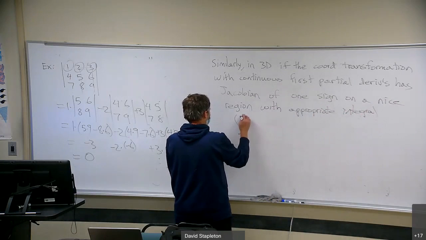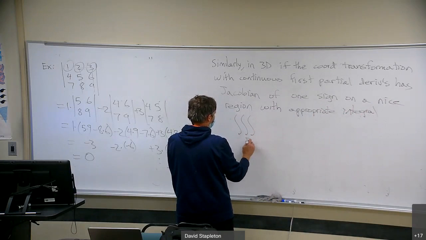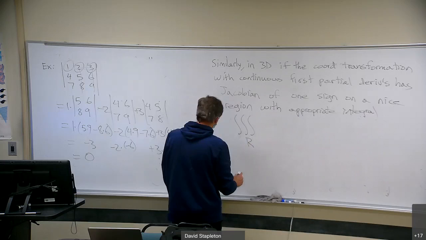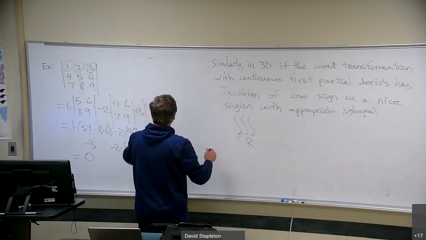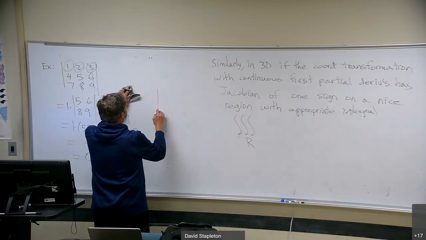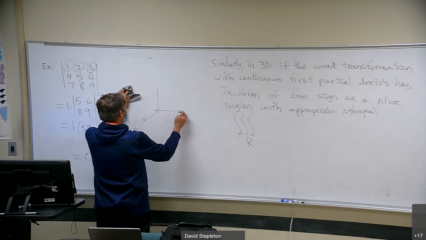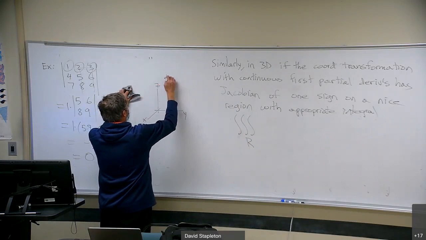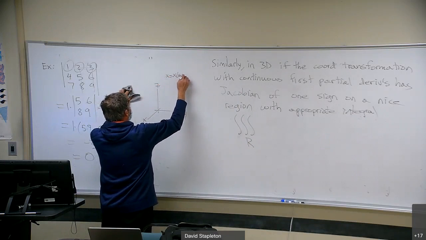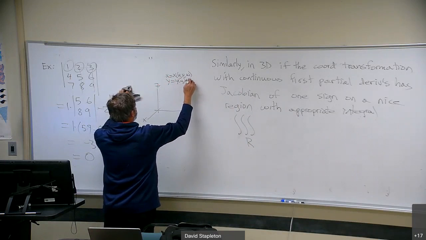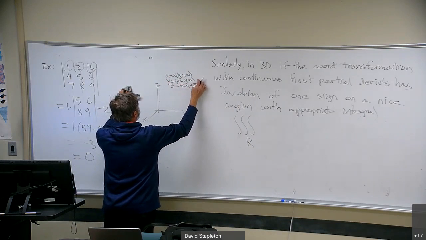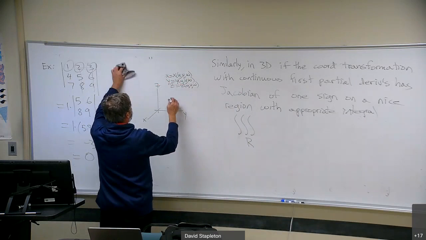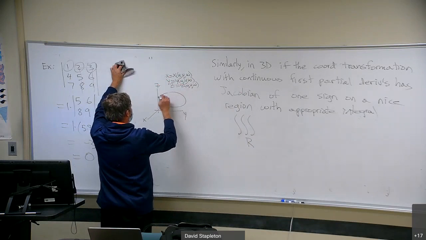What you can do is take the triple integral over the region R in XYZ space, and now you've got a map like this. X, Y, Z, and you've written X as a function of u v w, Y is a function of u v w, and Z is a function of u v w. And there's some region over here.